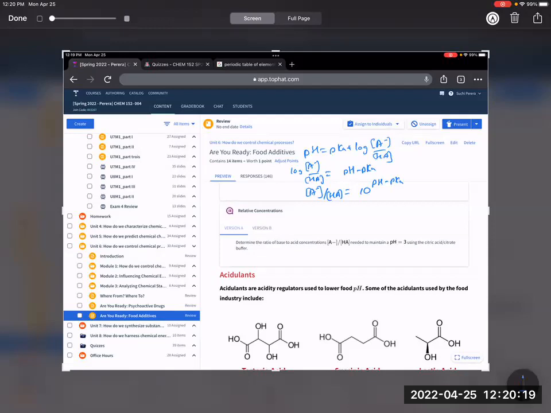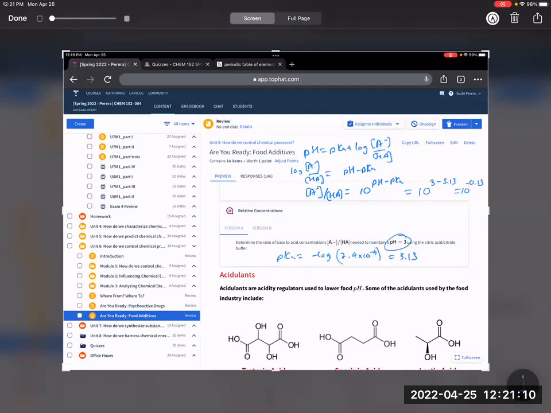We are given the pH, and the pKa for citric acid is minus log of 7.4 times 10 to the power of minus 4, which is 3.13. So pH 3 minus 3.13 gives you 10 to the power of minus 0.13.